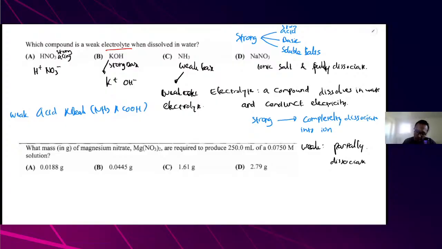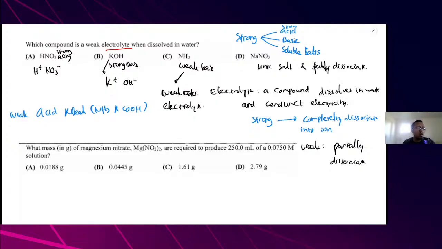All right, now move on to another part. What mass of magnesium nitrate, Mg(NO3)2, is required to produce 250 milliliters of 0.0750 molar solution?